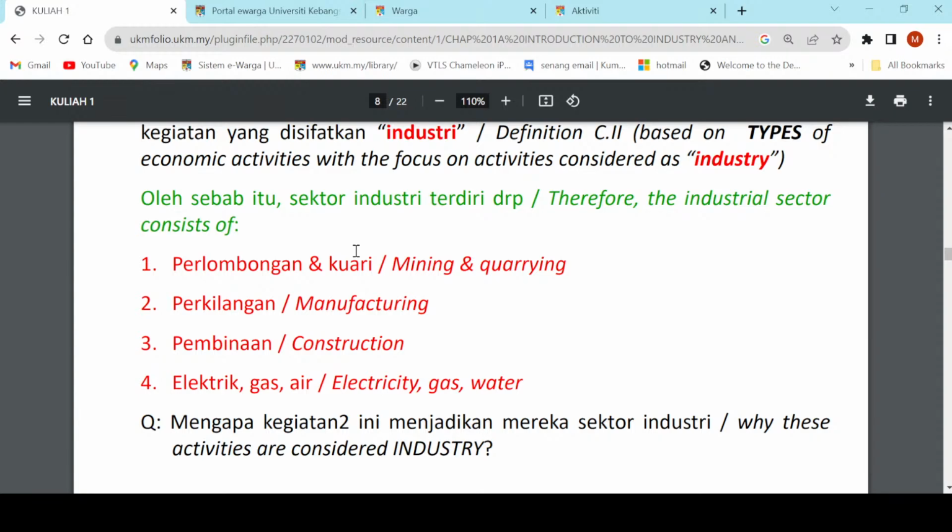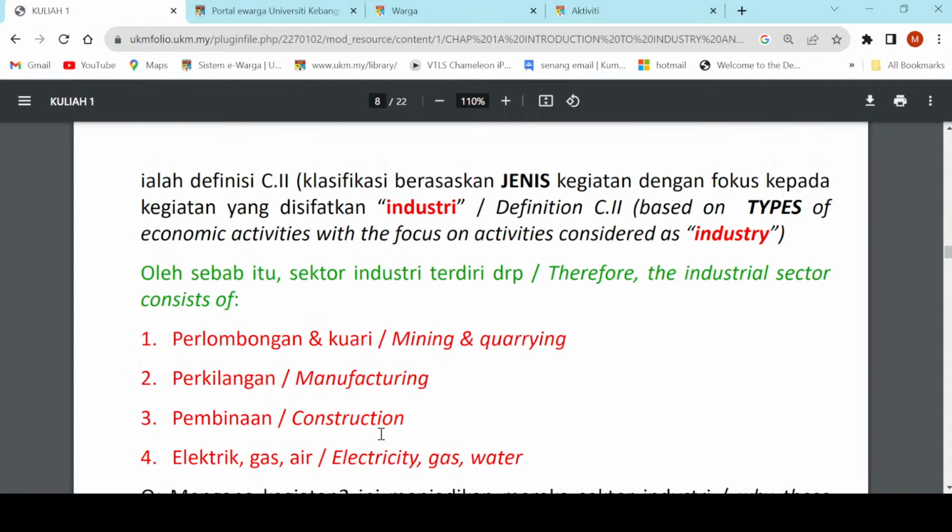Mining needs a lot of money. Coiling also. Manufacturing, of course, needs a lot of money to build the factory and the process and to pay salary and so on. Construction, of course, needs a lot of money. Electricity, yes, needs a lot of money. The power plant, gas, water, same, need a lot of money, capital.